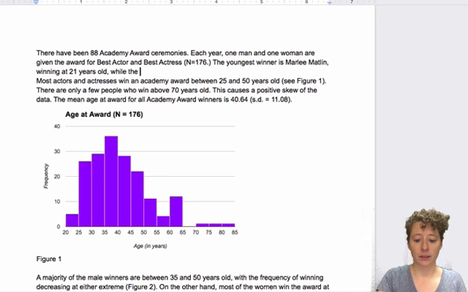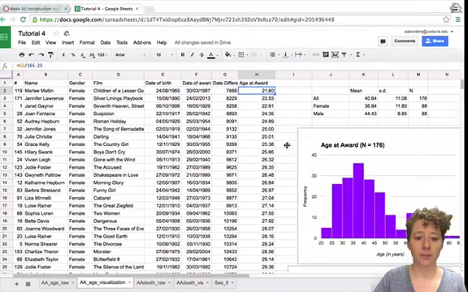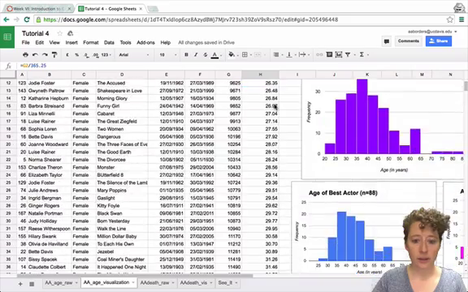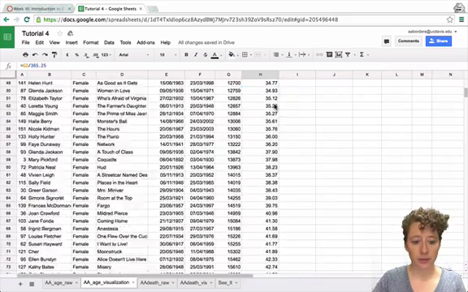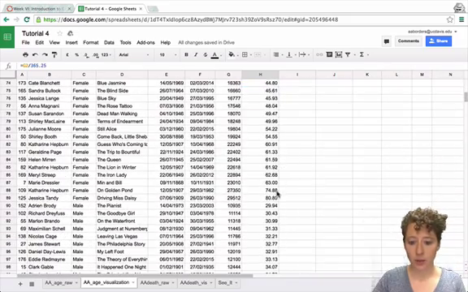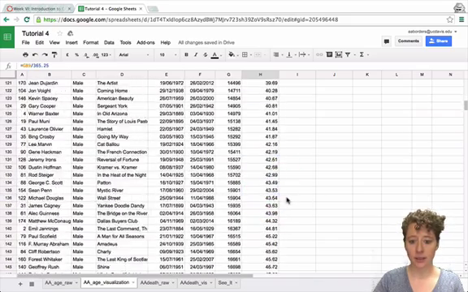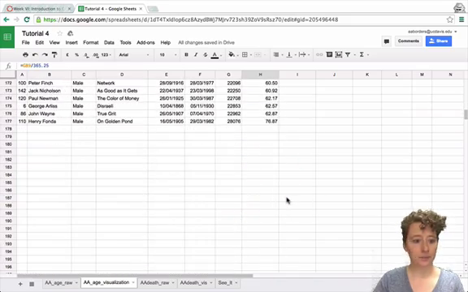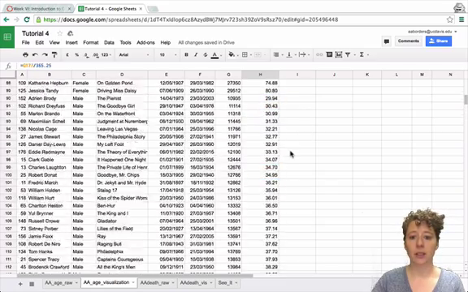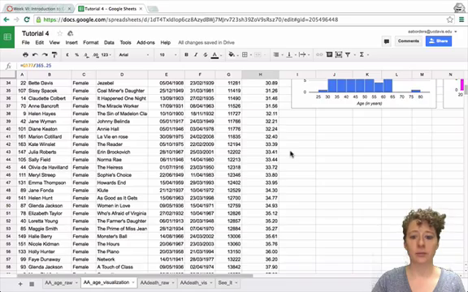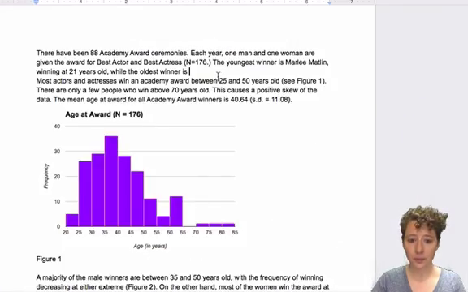while the oldest winner is, let's go find out. Let's see, so this is organized by gender still. The oldest female is Jessica Tandy at 80 years old, and looks like she beat Henry Fonda, so Jessica Tandy is still the oldest winner.